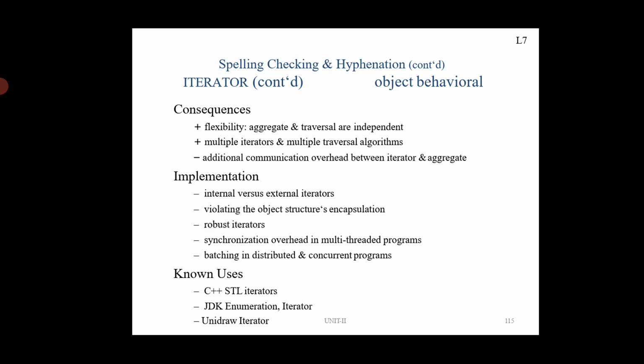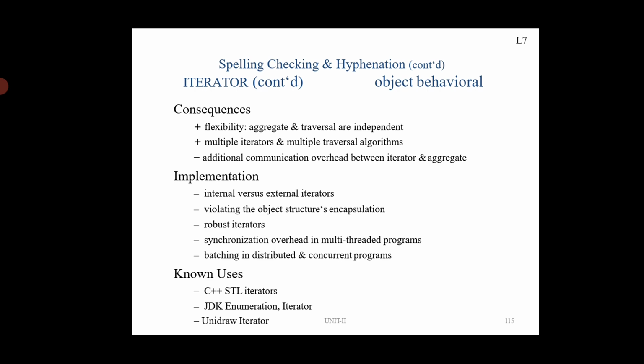Iterator makes it easy to change the traversal algorithm. Just we need to replace the iterator instance with a different one. You can also define iterator subclasses to support new traversals. Understand? It is very easy to change the traversal algorithm.